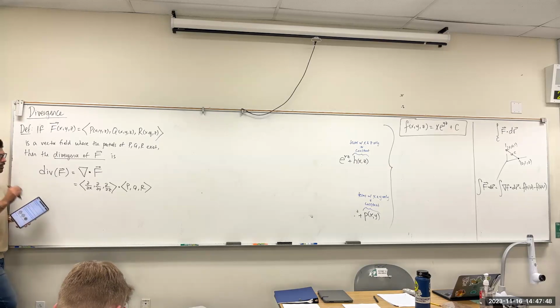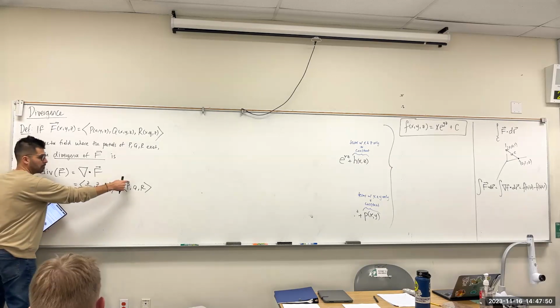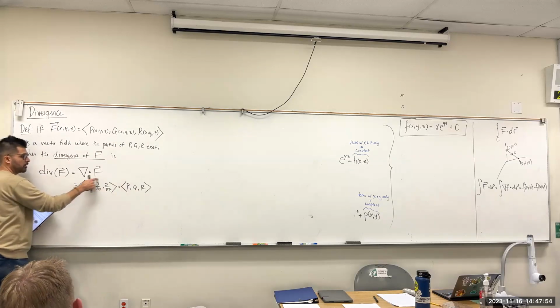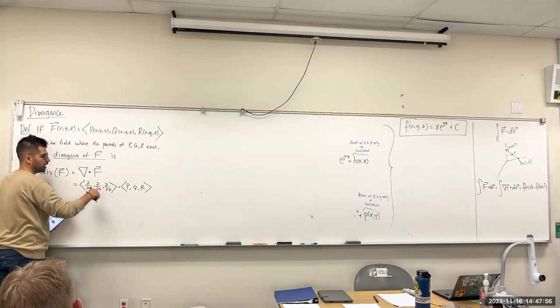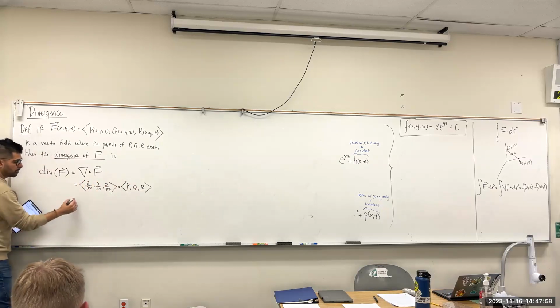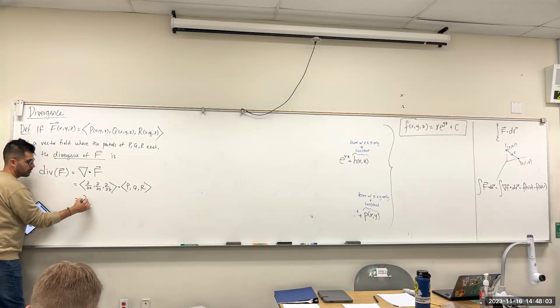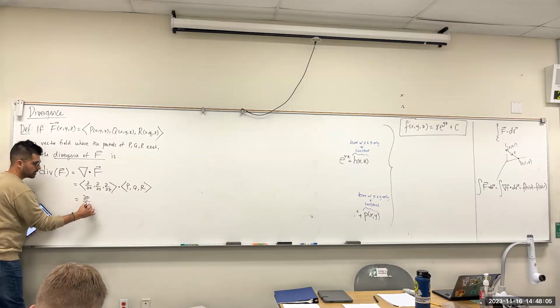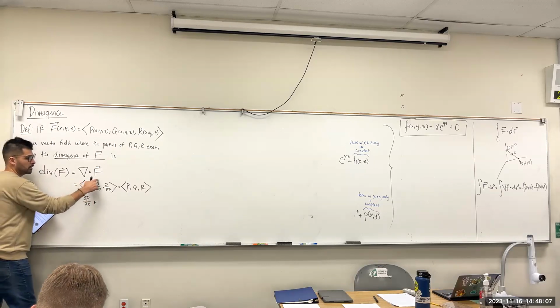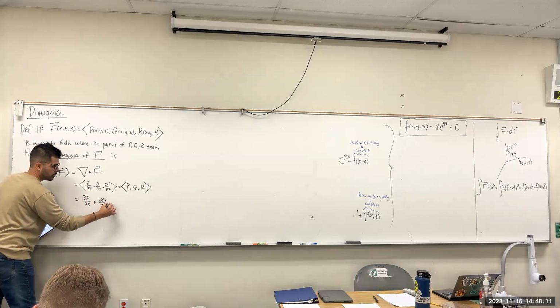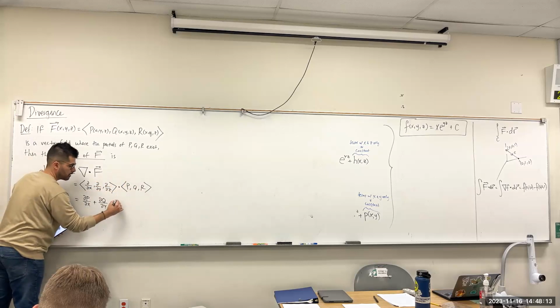And so here it's kind of a little weird. When I do that product, it was the first component times the first component, second times the second, and then we added all those. But here, I'm not really multiplying it, I'm going to operate on P. So it's the partial of P with respect to x, plus the partial of Q with respect to y, plus the partial of R with respect to z.